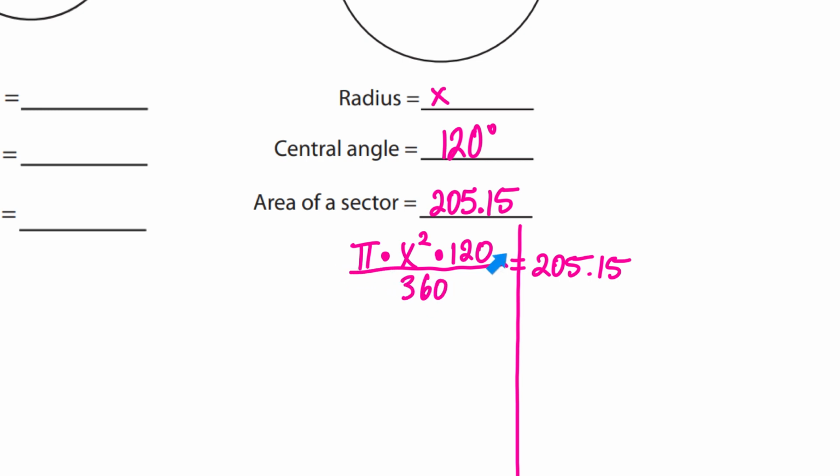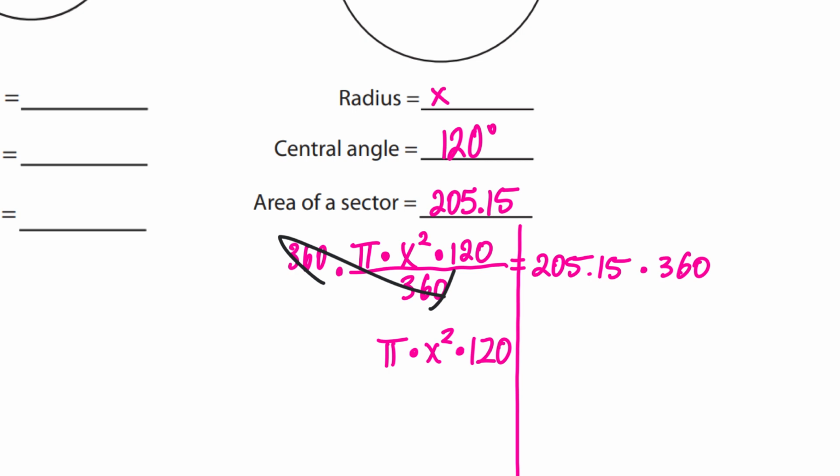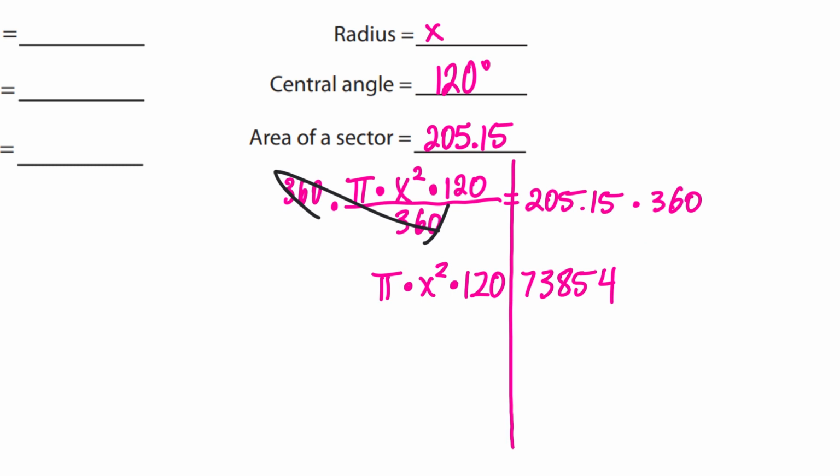I need to get this 360 out from underneath there, so multiply both sides by 360. All right, so we're solving for x.